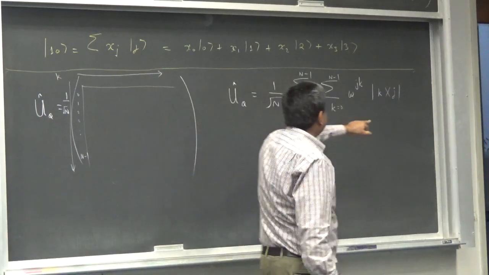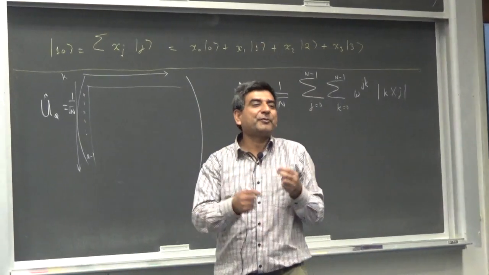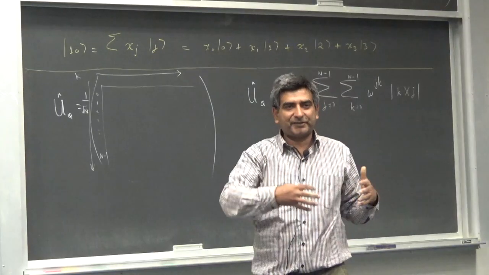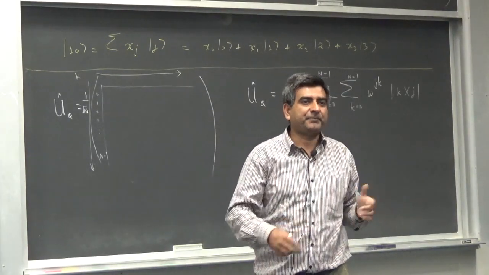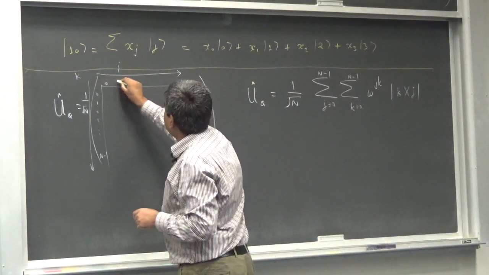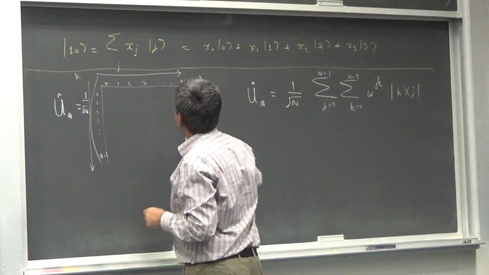Columns are represented by these outer products, the j's. I'm just telling you about a mnemonic, an easy way to remember how to write the matrix from an outer product form. This is a mnemonic, yaad rakhne ka tarika hai. Now the j's represent the columns, so 0, 1, 2, 3, all the way up to n minus 1.